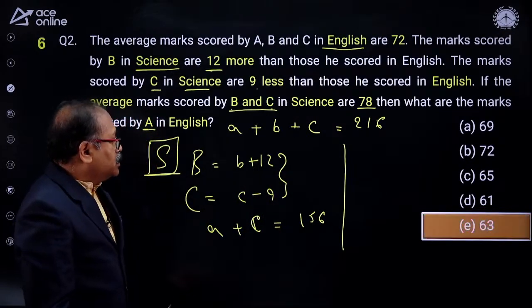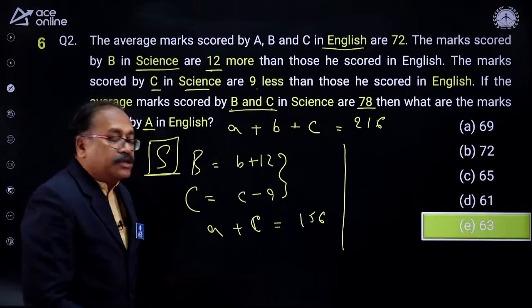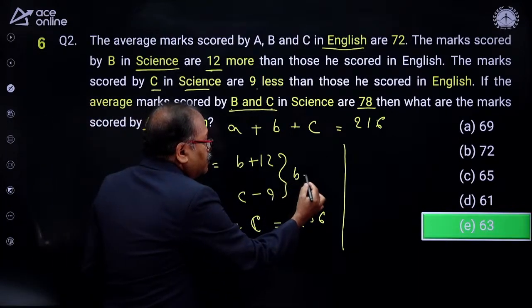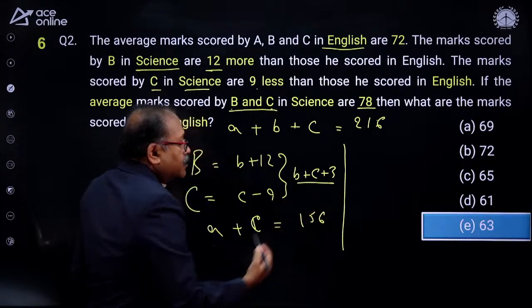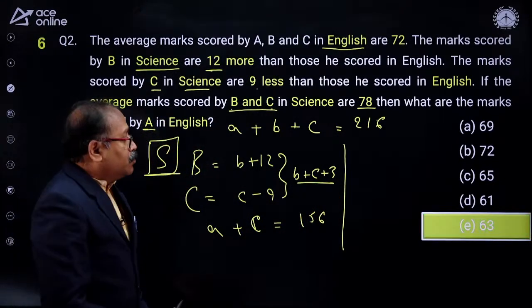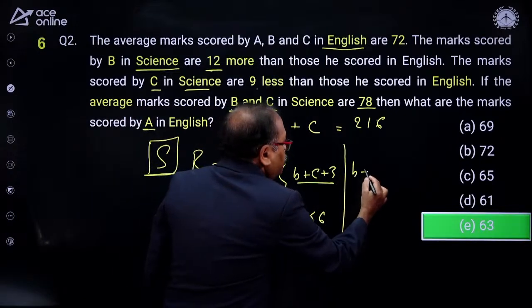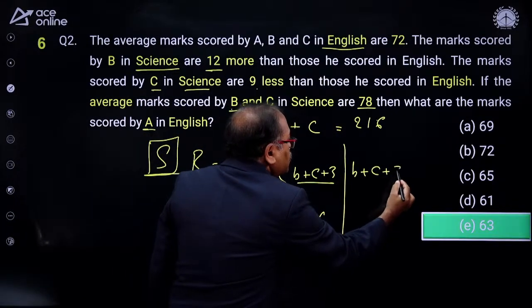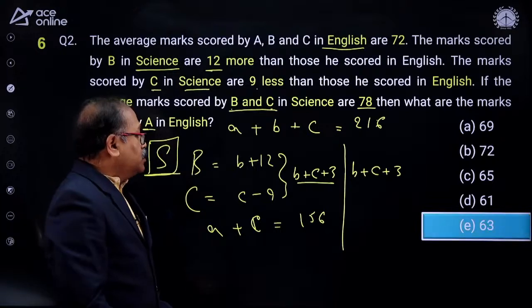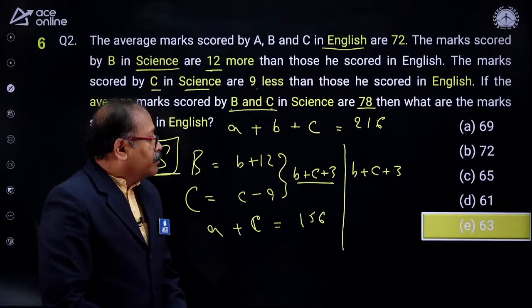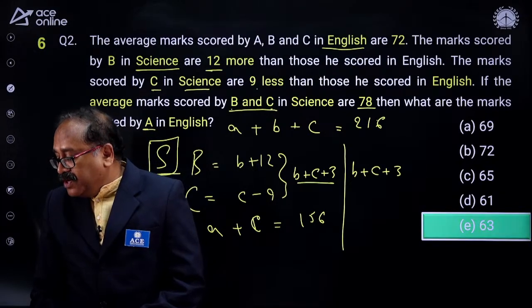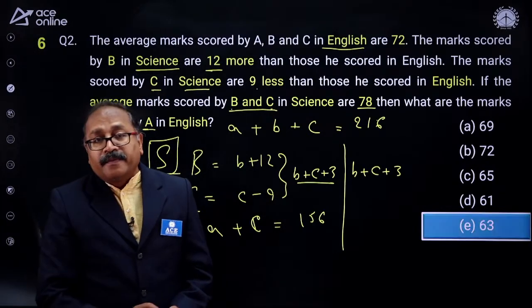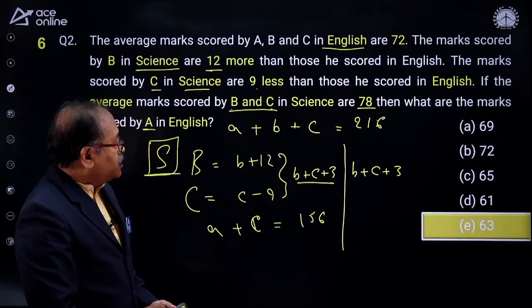The total of this is B plus C plus 3. B plus C plus 3. This is the one. So what will be the B plus C? B plus C plus 3. How much will that be? Can I identify that? What is B plus C plus 3? How much is that?